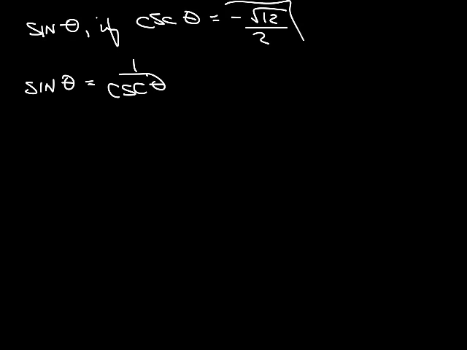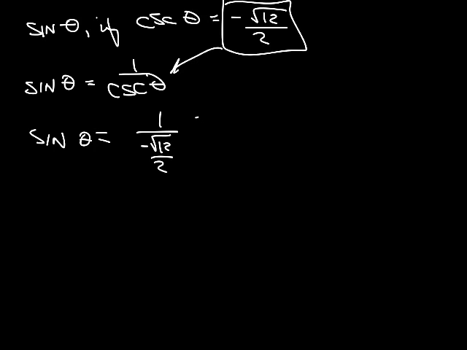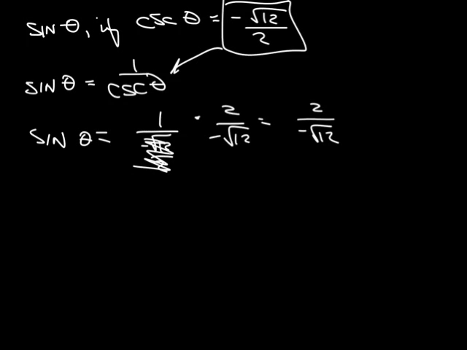So we're going to take this and plug it in for that bottom there. Flip it upside down and multiply it. That gets rid of that. So we get 1 times 2 is 2 over negative square root of 12. So the sine of theta is 2 over negative square root of 12.